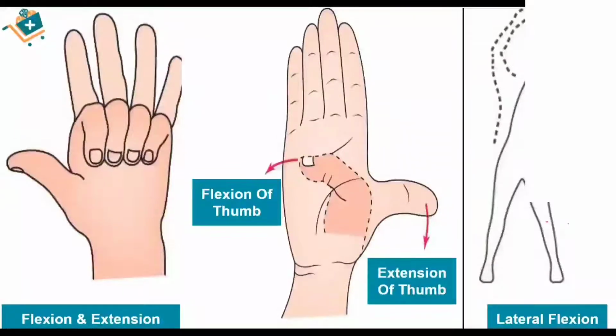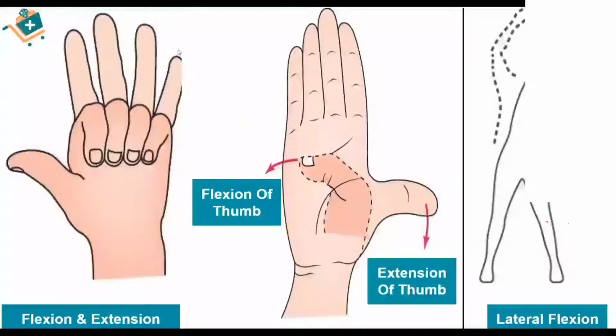You cannot see my whole hand in the video, but you can get the idea. This is flexion, this is extension. And then also the thumb: flexion of the thumb, extension of the thumb. Did you understand?